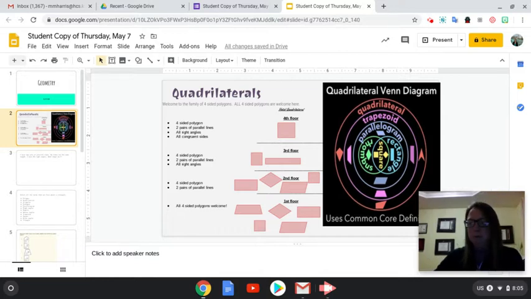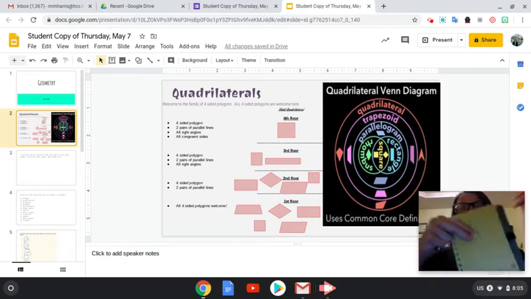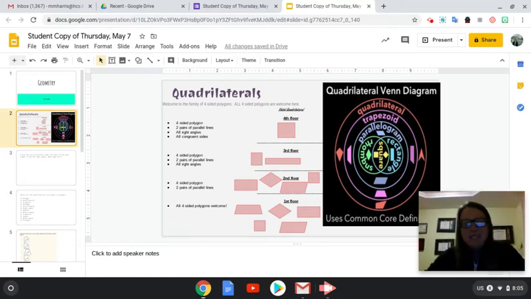For example, this one has 1, 2, 3, 4 sides. So it is a quadrilateral, but it doesn't fit into any of these specific ones like a trapezoid, parallelogram, square, rhombus, or rectangle. So any four-sided polygon is a quadrilateral, which is where we are on the first floor.